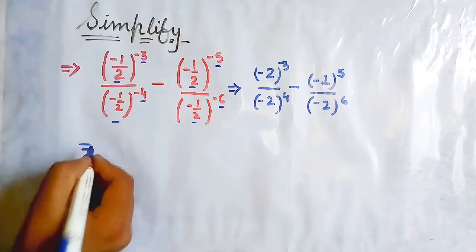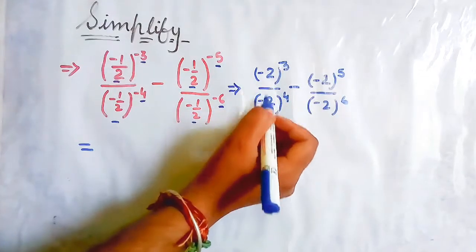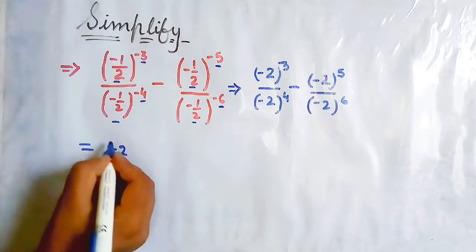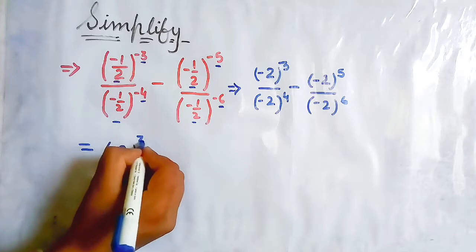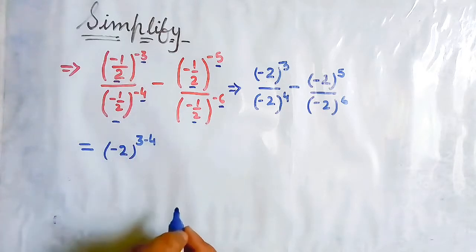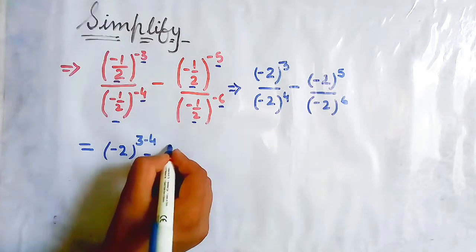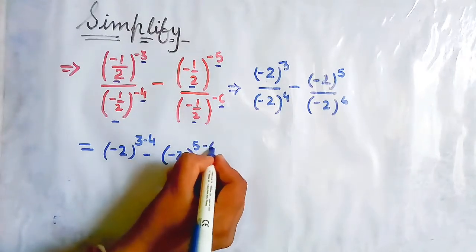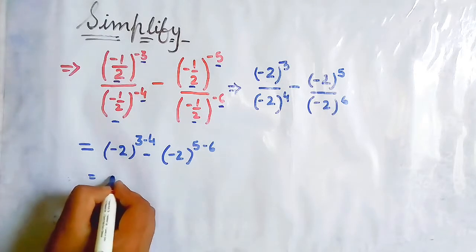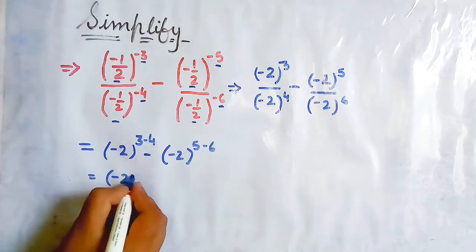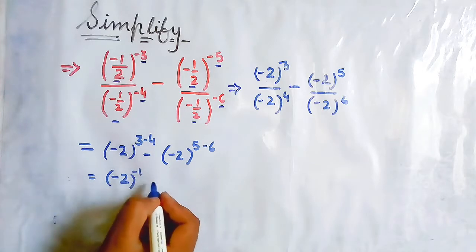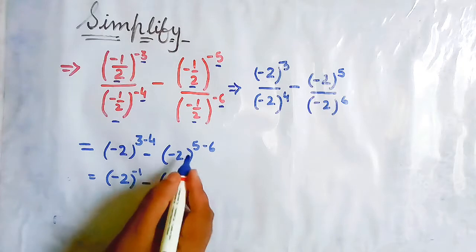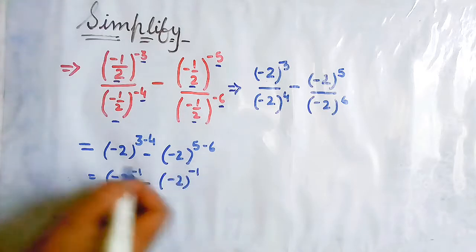Now here bases are same, the numbers are in division, so powers will be subtracted. (-2)^(3 minus 4) minus (-2)^(5 minus 6). So (-2)^-1, 3 minus 4 is -1, minus (-2)^-1.